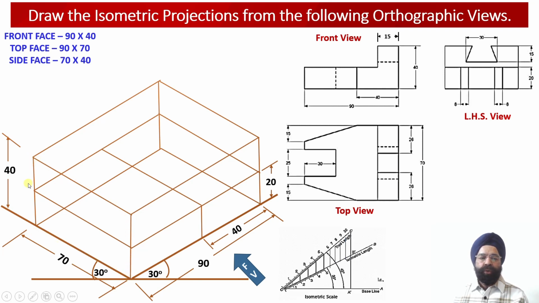So into this front face isometric projection, now we will observe that if we are able to plot the location of this point corresponding to the inclination. So we know that the distance of this point is 15 millimeter from the rear side, and again it is 15 millimeter from the front side over here. So 15 millimeter from this point and 15 millimeter from this point. So this inclined surface and this inclined surface will be obtained over here.